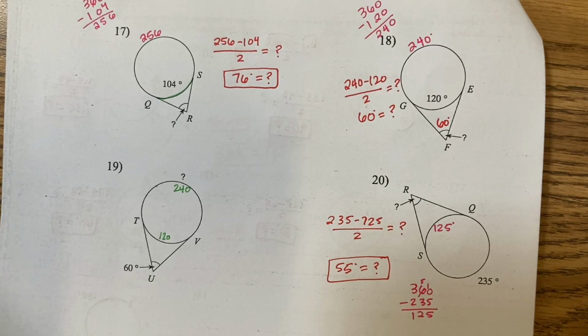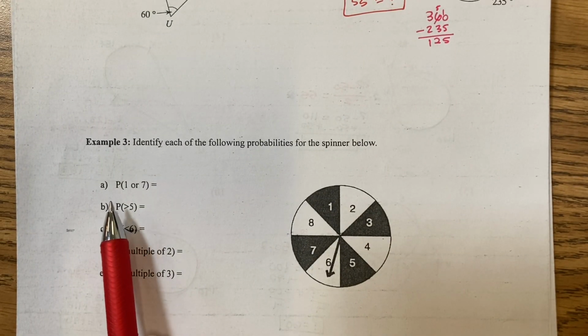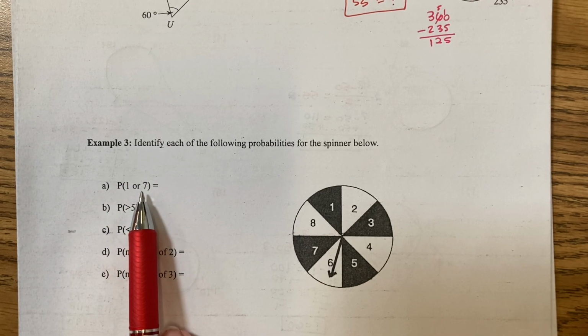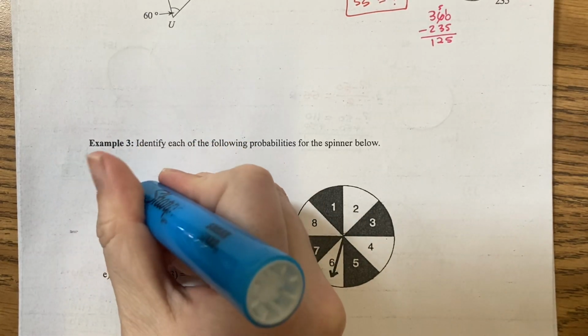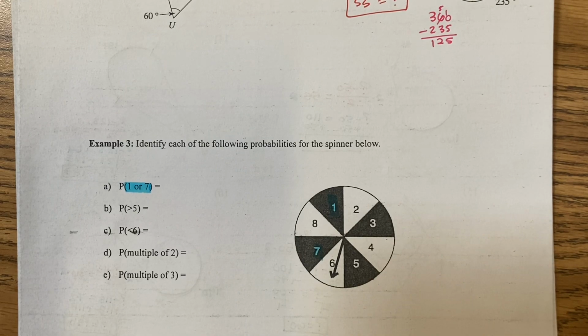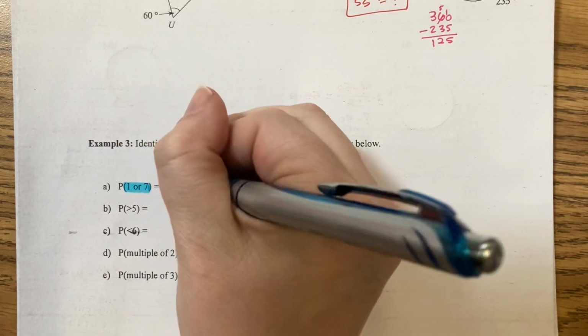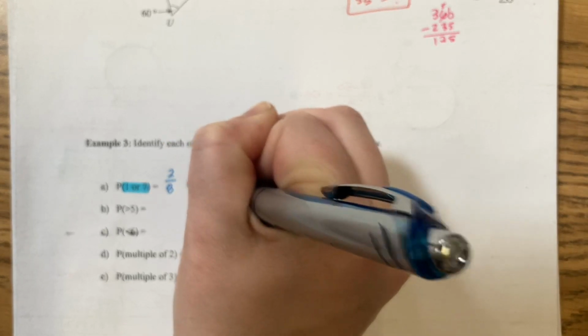From there, we have some probability questions to review. What is the probability of landing on 1 or 7? Use my highlighters. Okay. Landing on a 1 or a 7. That would be 2 out of the 8, or 1/4 if you reduce.